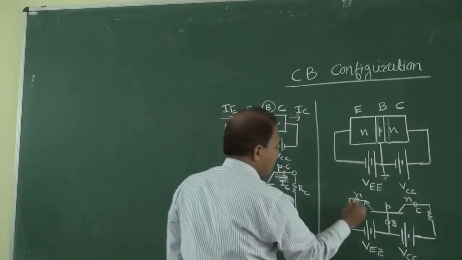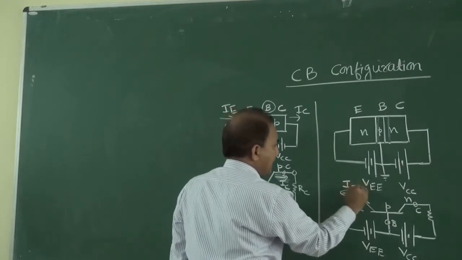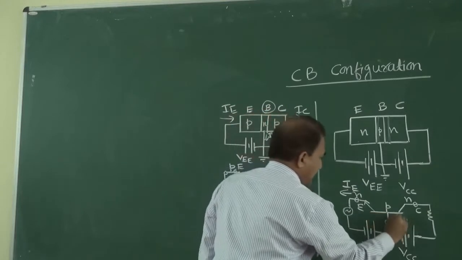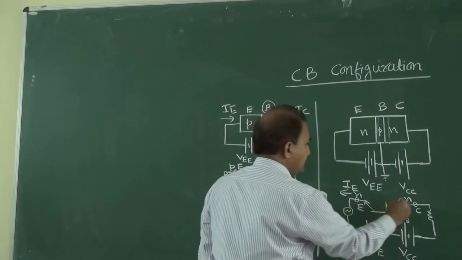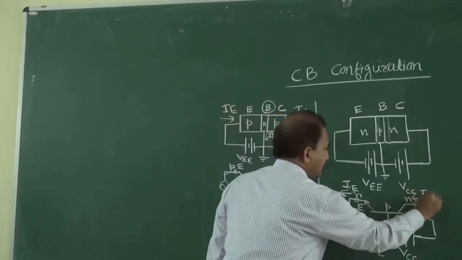Now the direction of current flow. This is IE. The direction of IB is like this, and the direction of IC is like this. Similarly IE is like this.